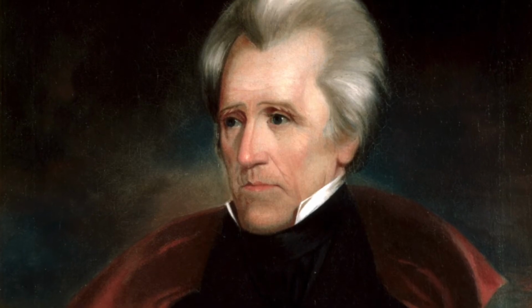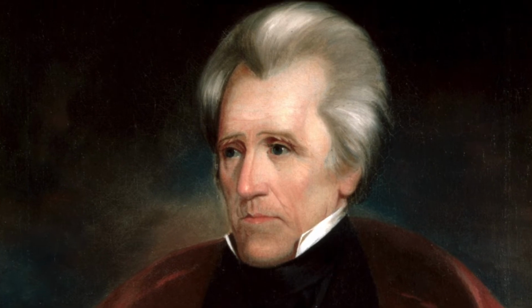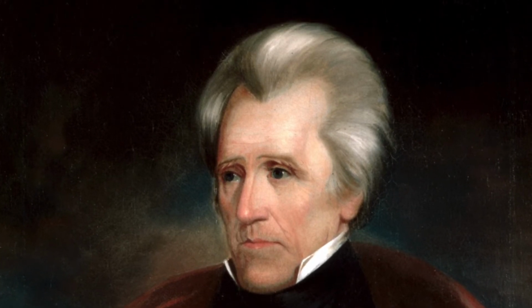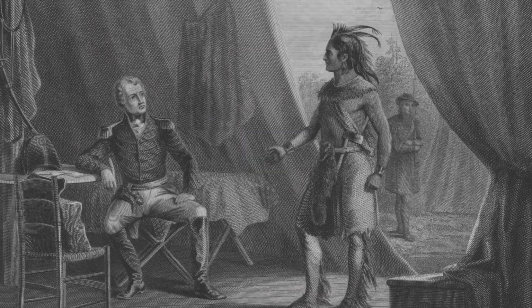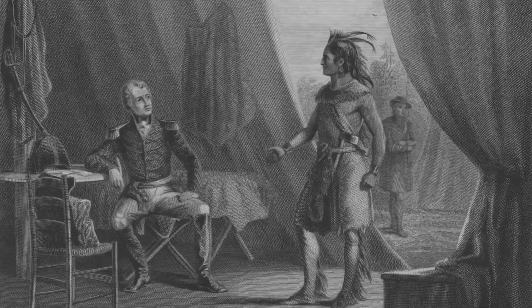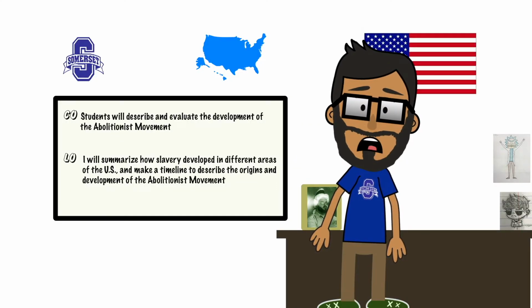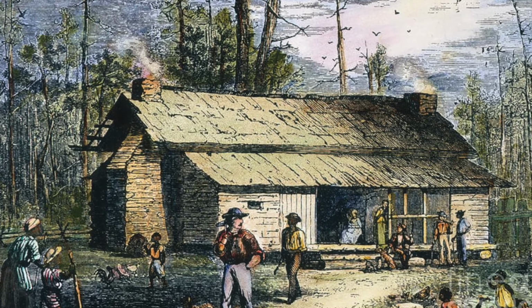One man that became associated with clearing the land needed to move westward is Andrew Jackson. During the War of 1812, Andrew Jackson fought against Native Americans like the Creek. After the war, the hero of the Battle of New Orleans continued to fight to open lands for American settlers.